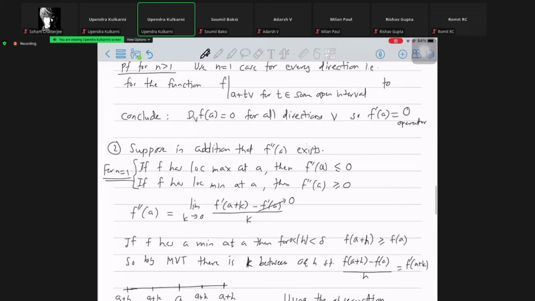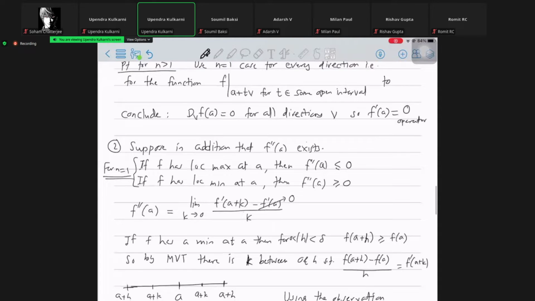We will come to whether we want to put additional hypotheses here in the multivariable situation.